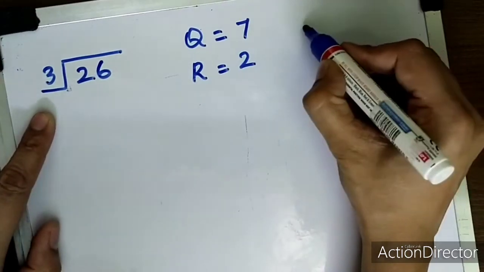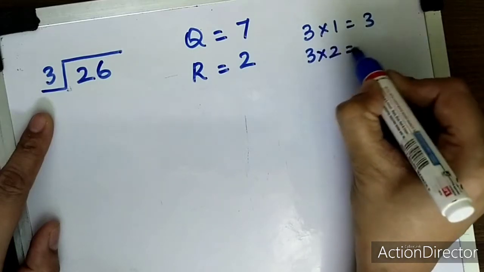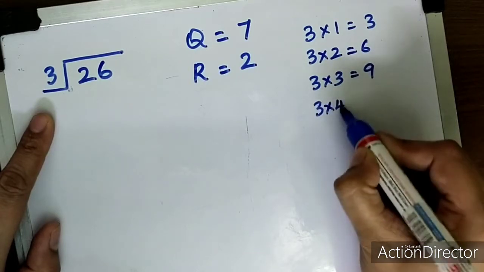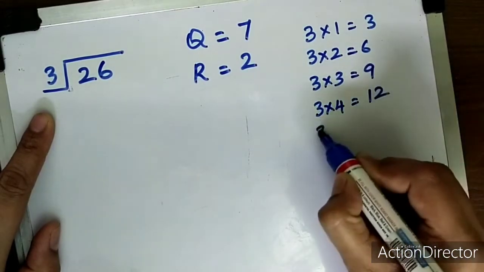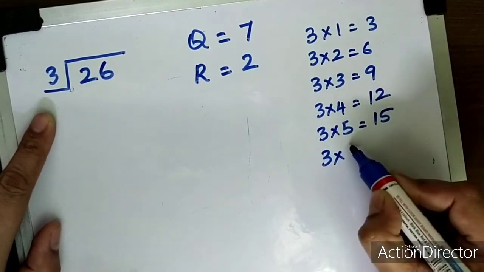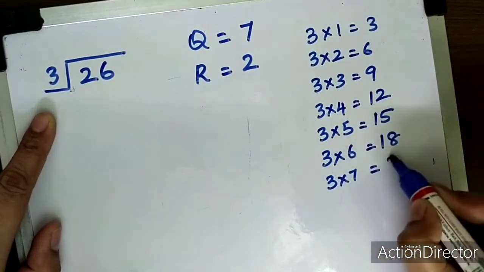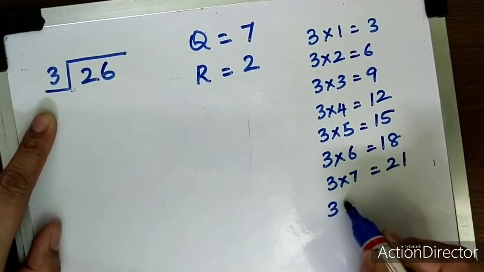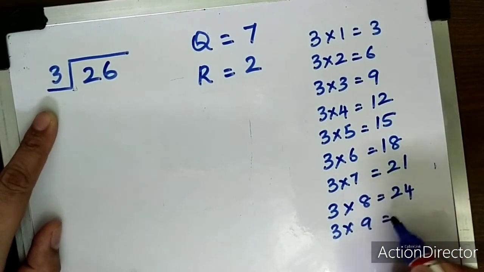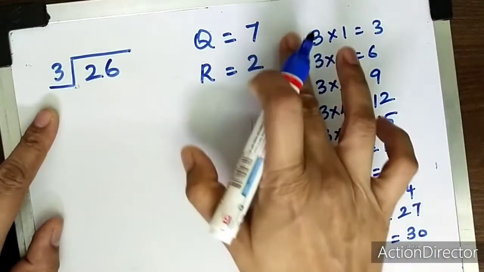We are going to use the 3 table. 3 1s are 3, 3 2s are 6, 3 3s are 9, 3 4s are 12, 3 5s are 15, 3 6s are 18, 3 7s are 21, 3 8s are 24, 3 9s are 27, 3 10s are 30. So we have written the 3 table.